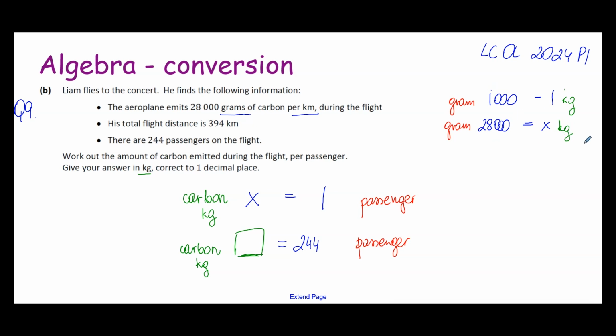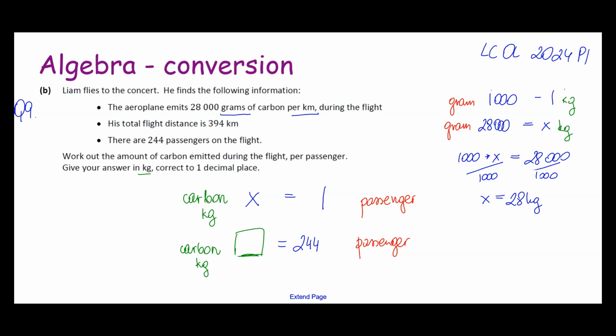So how do we solve it? We cross multiply. So 1,000 multiplied by x equals 28,000 multiplied by 1, and we divide both sides of the equation by 1,000. We put that in the calculator and we get 28 kilograms.